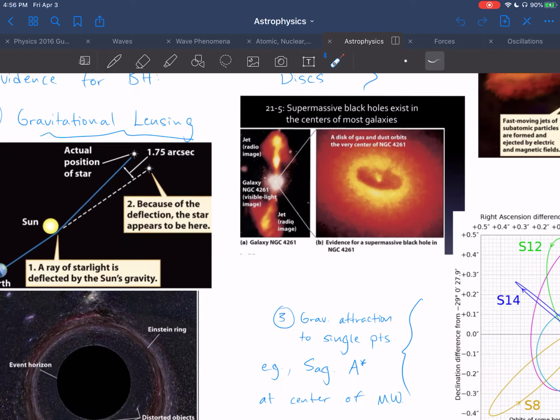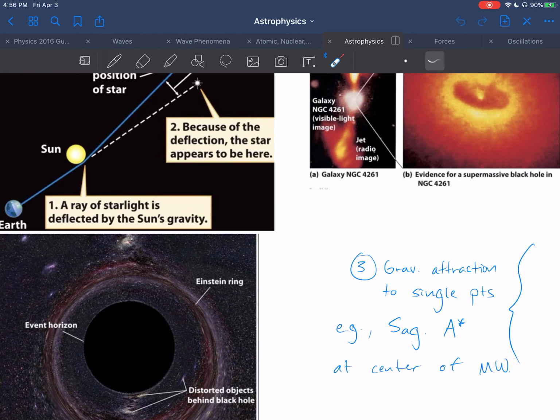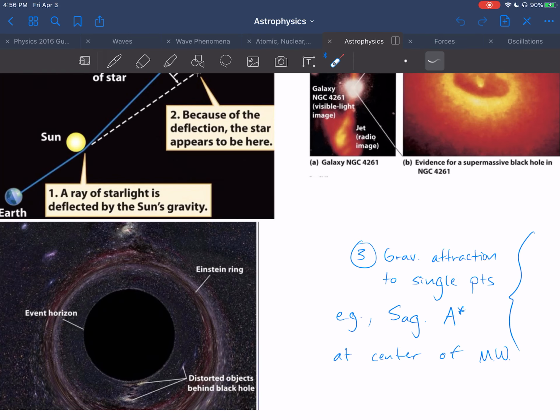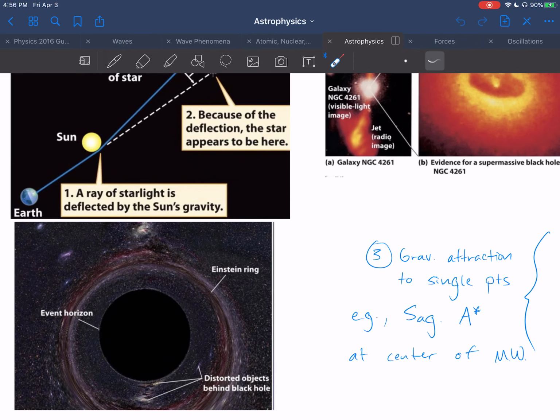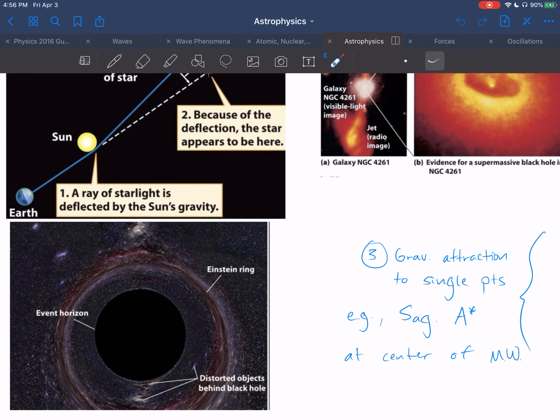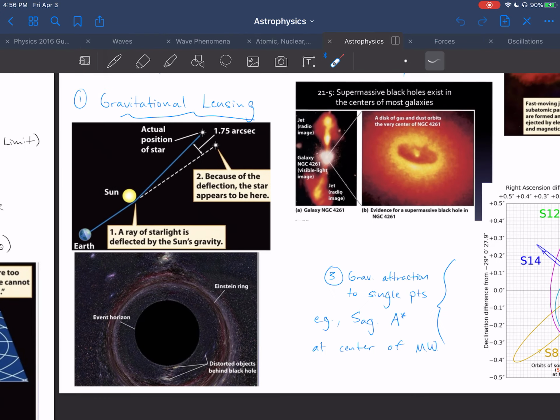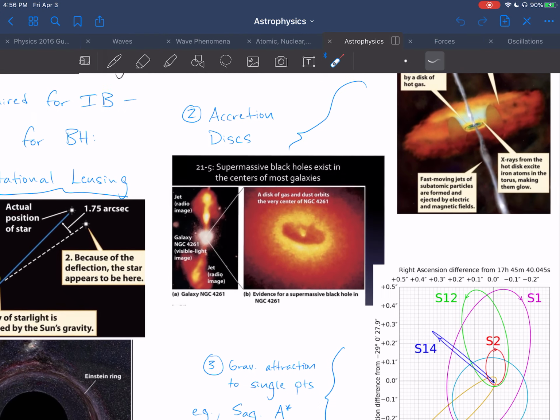This produces phenomena known as Einstein rings, and this is a graphical representation, not actually an image, of a black hole lensing a galaxy behind it. And you can see that the light bends around that black hole, producing the Einstein ring.